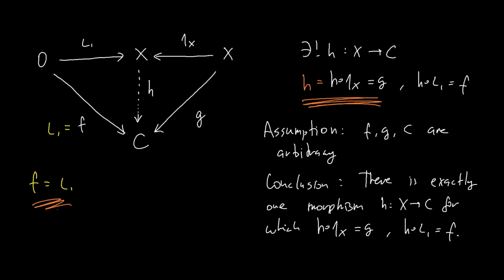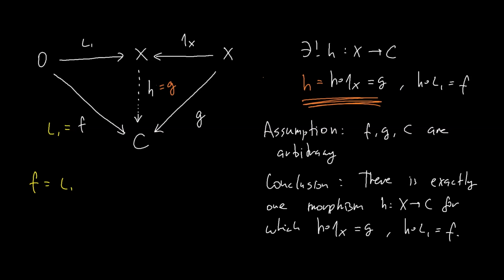Not just that F must equal iota 1, but H must be equal to G. It does prove for us that there is at most one H, right? This has forced H to equal G. So there is at most one H.